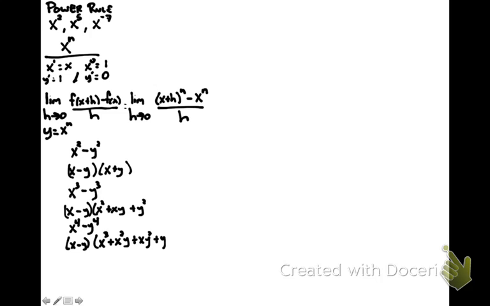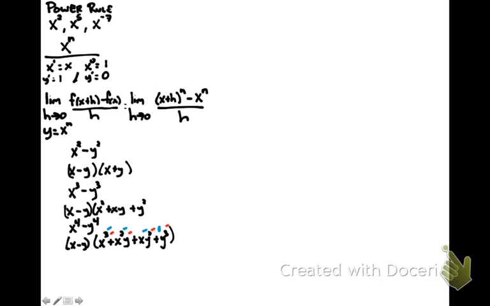plus y cubed. If you don't see the pattern, notice the powers of the exponents for x go 3, 2, 1, and then 0. And notice the powers on the y's go 0, 1, 2, and 3. And this is true in all cases where the powers are positive at any rate.